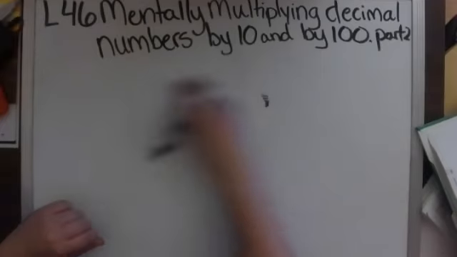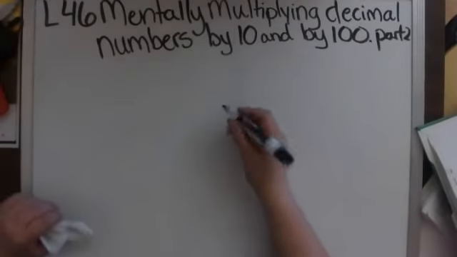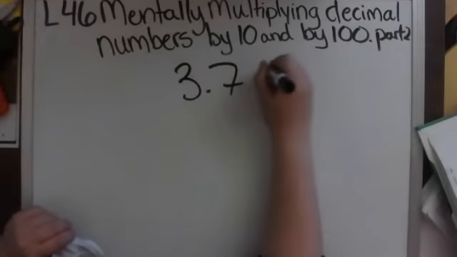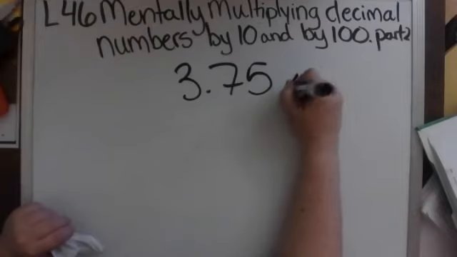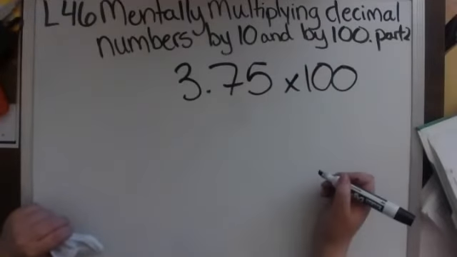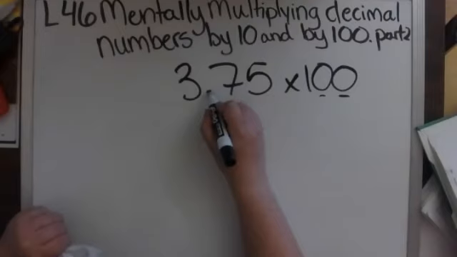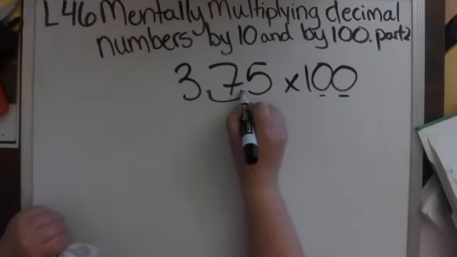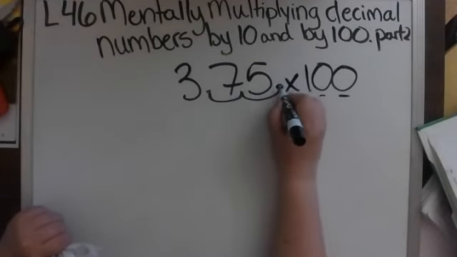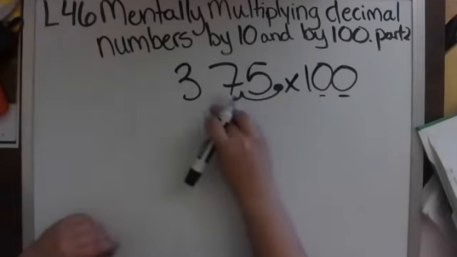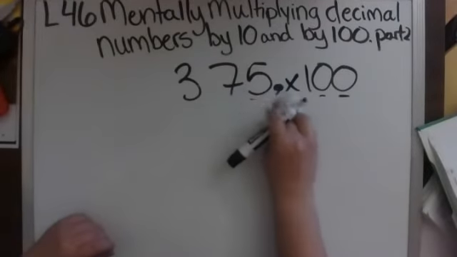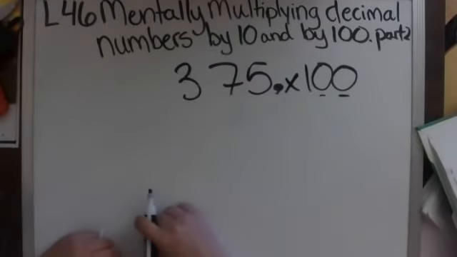Okay, let's look at another one. Let's look at 3 and 75 hundredths times 100. Again, you just go, okay, I have 2 zeros in 100. That means I need to move my decimal place 2 times, 1, 2, to the right. And that would then give me 375.